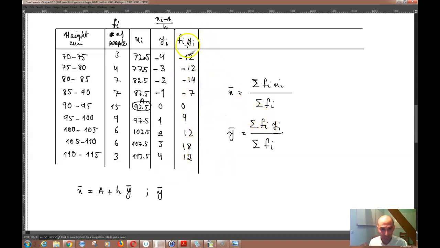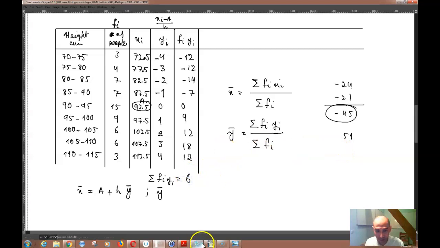And now if I want to calculate sigma f of i y of i, that's equal to negative 24, negative 24, and then over here you have negative 21, negative 21, that's negative 45, and then you have 20, 30, 42, 42 plus 9 is 51, and 51 minus 45 is equal to 6.